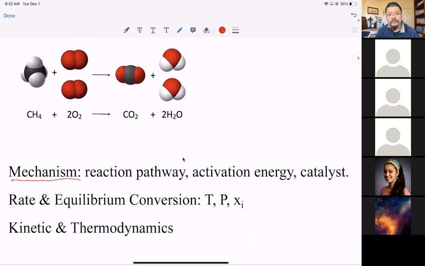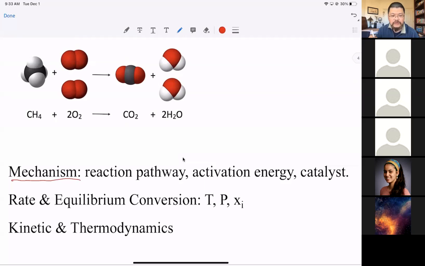There we want to see how methane molecules will collide with each other, with methane itself, with oxygen, and when that collision will further lead to the chemical reaction. And along that collision or reaction path, what would be the energy barrier? And if the energy barrier is too high, how can we bring it down by using a catalyst? So those are the mechanisms related to the reaction.